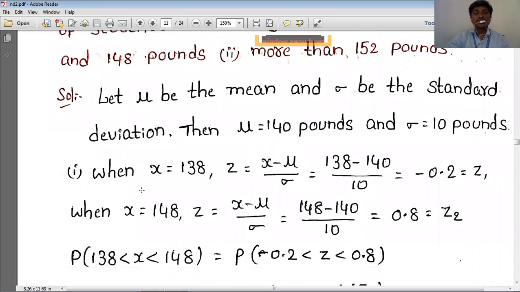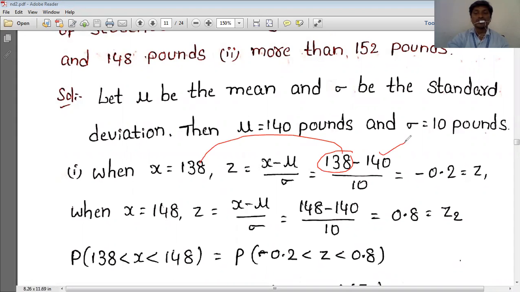Next, for the first question, when x is equal to 138, we calculated z is equal to x minus mu by sigma. X is 138, which we chose, mu they already gave, and sigma is equal to 10. Simplifying, we got minus 0.2.